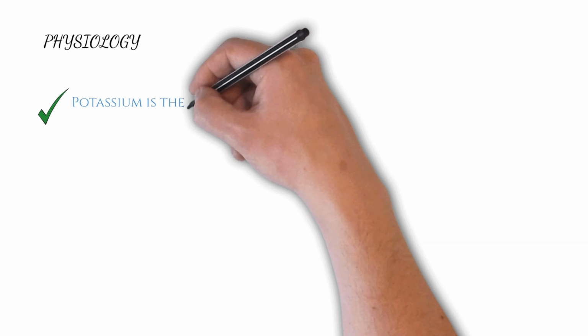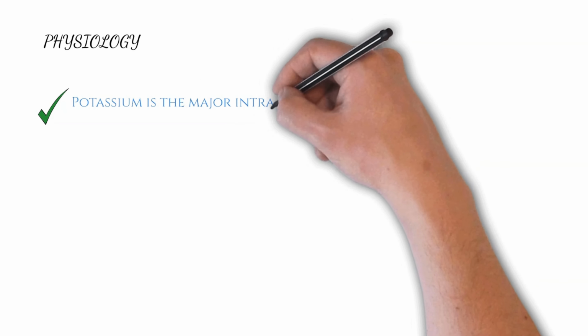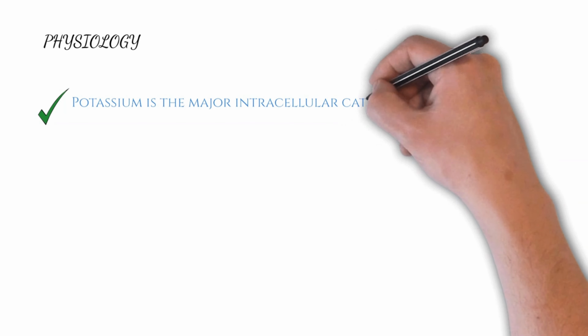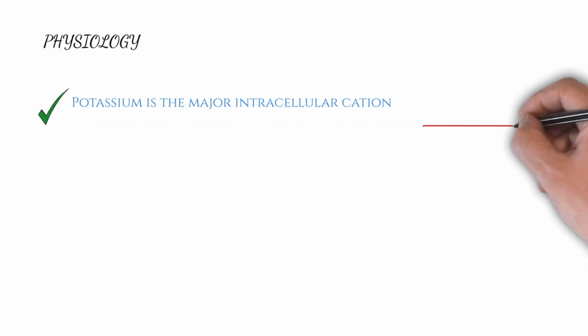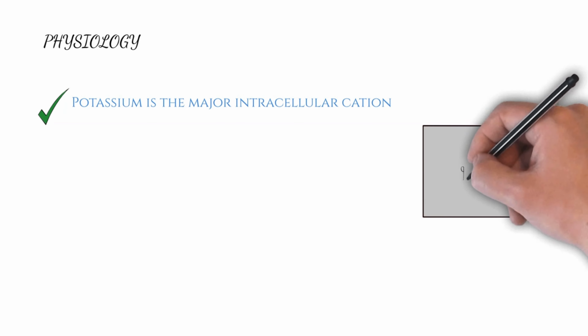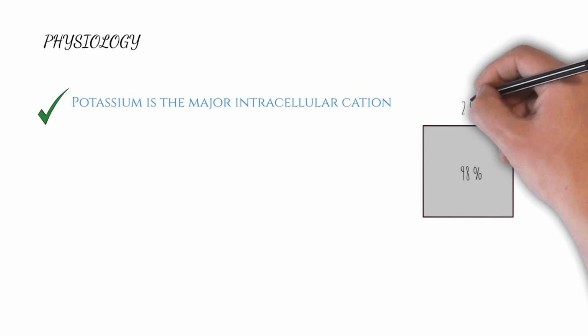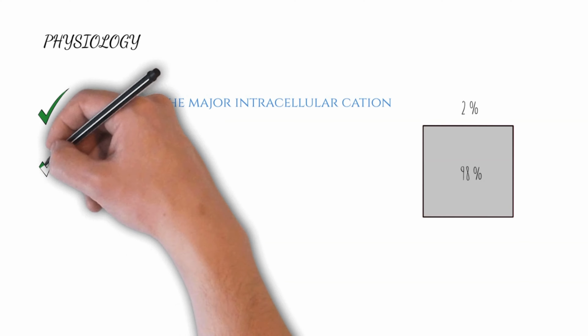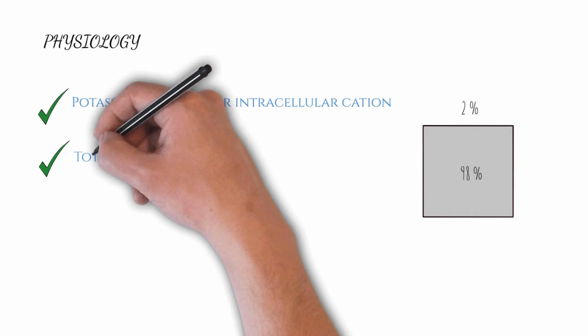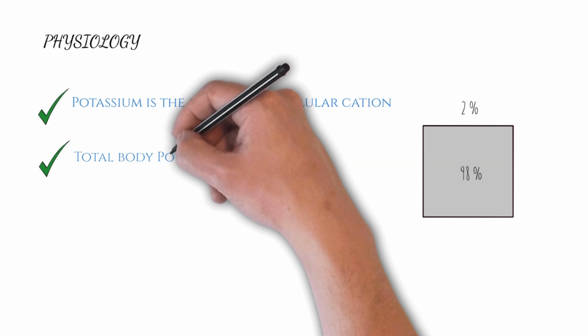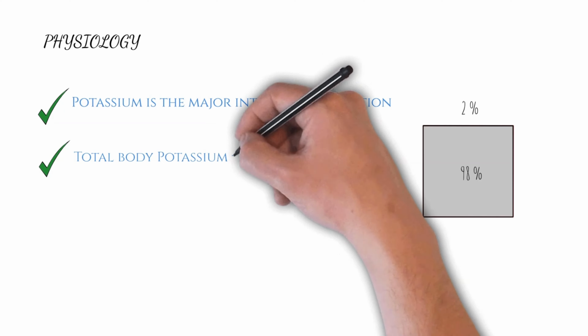Potassium, as you all know, is a major intracellular cation. So if this is a cell, then 98% of the potassium is present inside the cell, while 2% of the potassium is present outside the cell. The total body potassium in a human is 50 milliequivalents per kg.